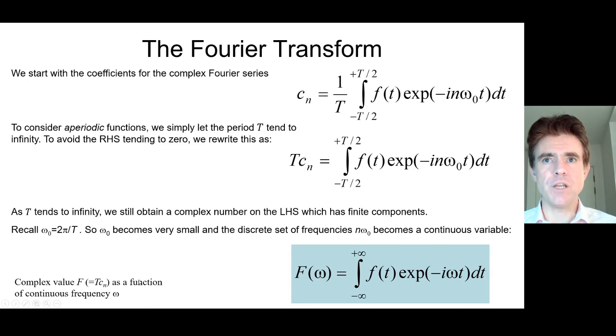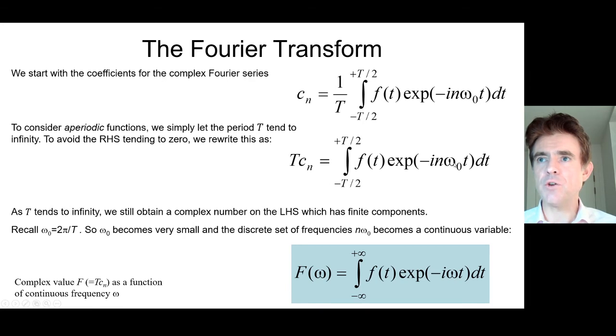So as you can see here, we're saying that we've got a complex value F, which is representing that T Cn, and that's a function now of continuous frequency omega. So if you see this expression, we can see that before we had discrete counting indices n for each of the frequencies. These were all multipliers of omega 0.